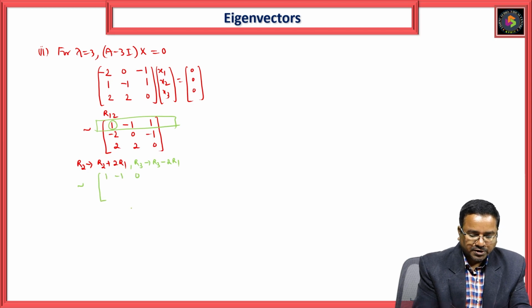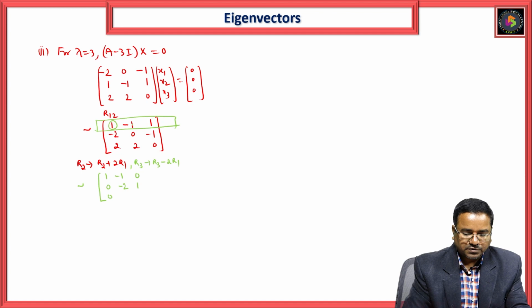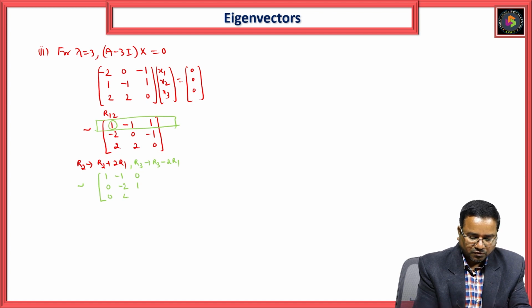Now multiplying by 2: this is minus 2, 2 minus 1 is 1. Next, minus 2 plus 2 is 0, and 2 plus 2 is 4, minus 2.